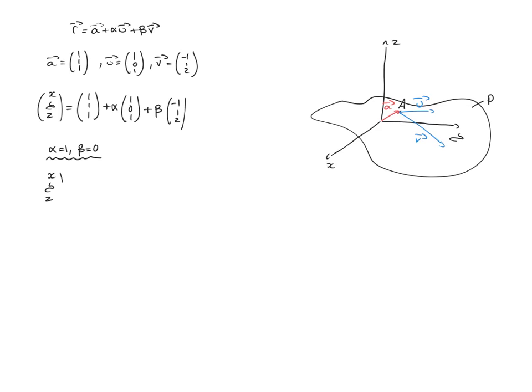x, y, z would equal 1, 1, 1 plus 1 times 1, 0, 1 plus 0 times negative 1, 1, 2. That would equal 1, 1, 1 plus 1, 0, 1 plus 0, 0, 0.